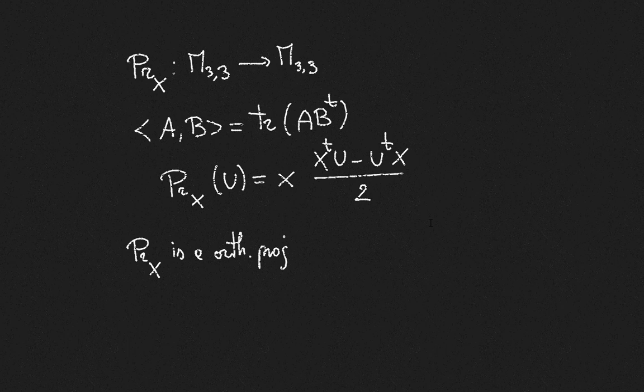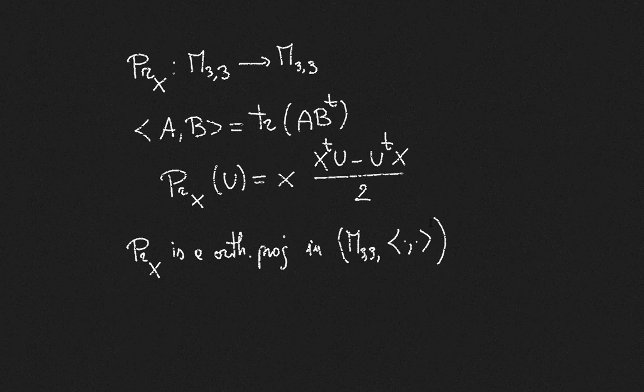So, orthogonal projection in the Euclidean space. Again, it is easily seen that the image is the tangent space we defined before, because X times an antisymmetric matrix.